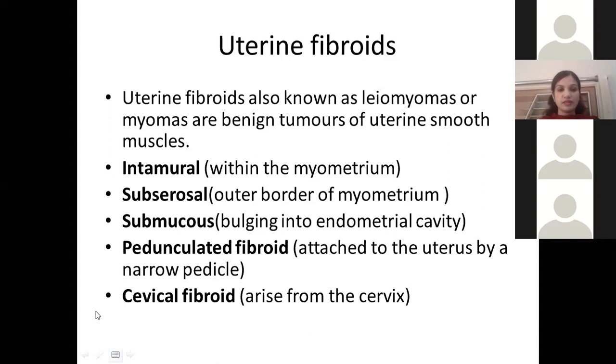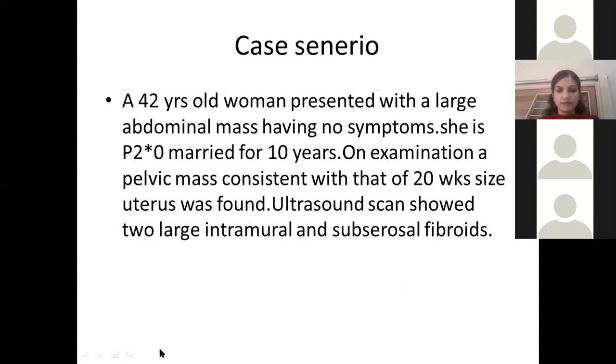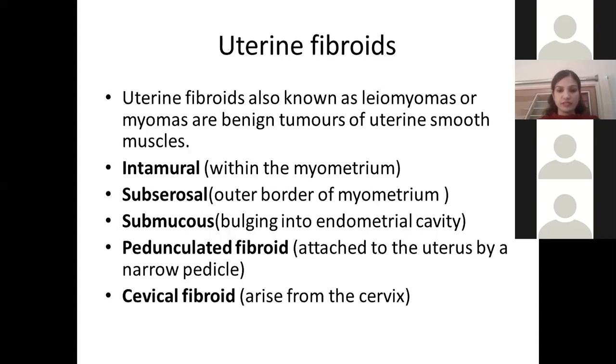So we keep that patient for cesarean section. If there's a cervical fibroid during pregnancy, that patient is not a candidate for normal trial of labor, right? So we keep those patients for elective cesarean section. Obviously, that causes hindrance in labor.